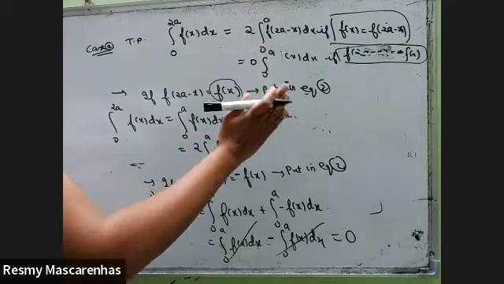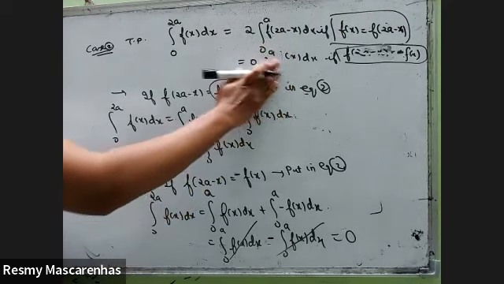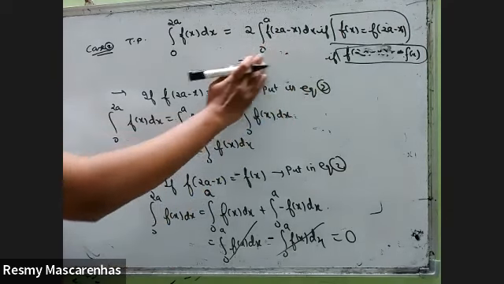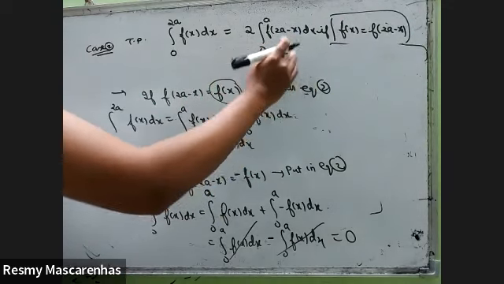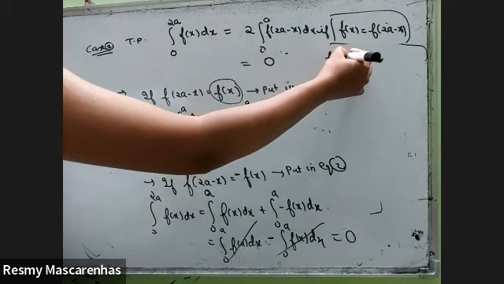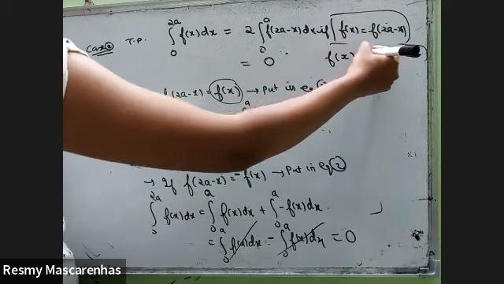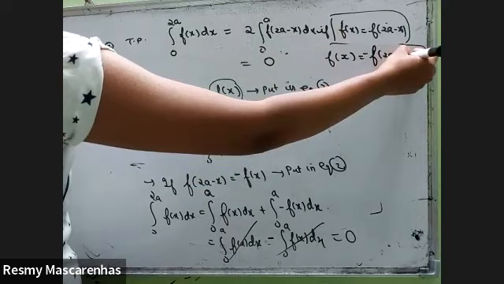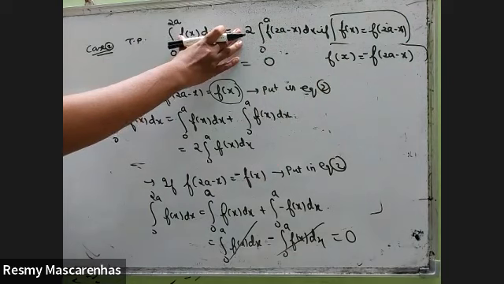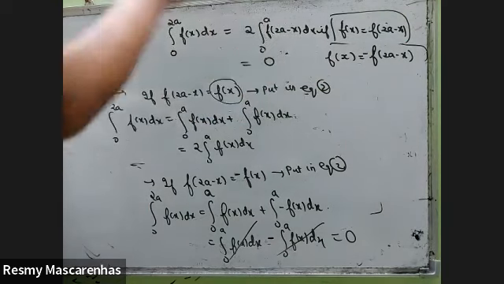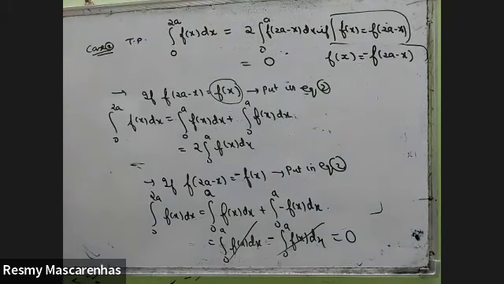And this you have, but this is anyway 0. 0 into that will be anyway 0. f of x is equal to minus f of 2a minus x. This is the third part that was given. If this proof is asked, okay, same thing. Prove till equation number 2 only.